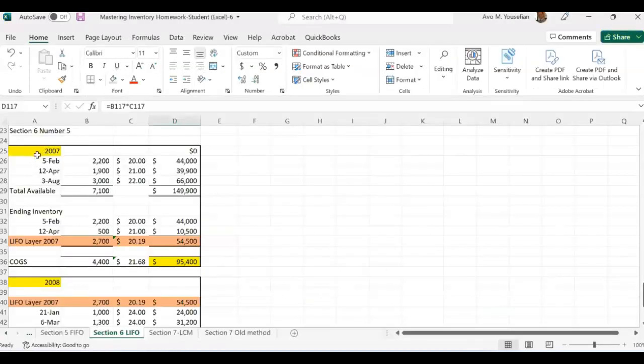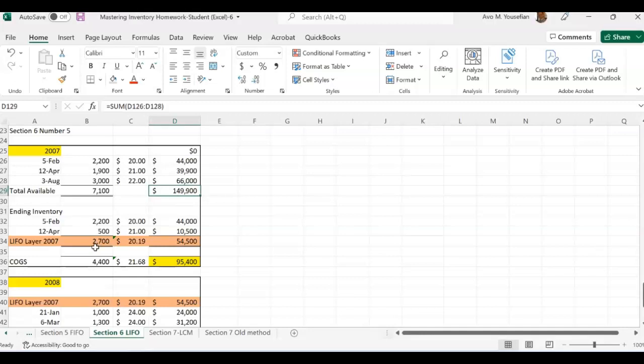So in 2017, the beginning inventory was 0, but we purchased in February, April, and August 7,100 units, and that's the total cost, $149,900. Very nice. Ending inventory, it's not literally giving us what is the ending inventory just to give us a hard time.